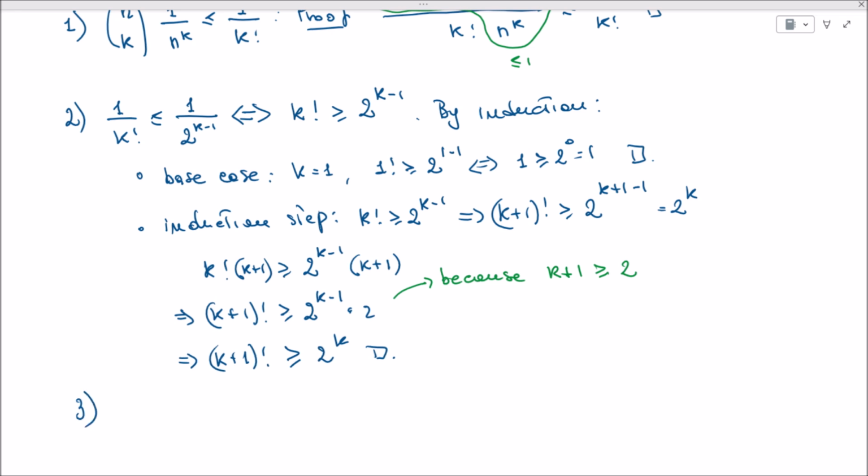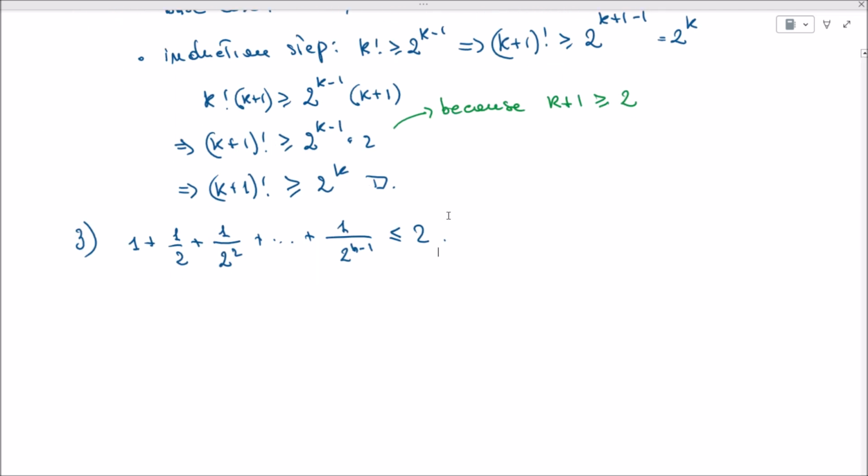Third property that we have used is the fact that 1 plus 1/2 plus 1 over 2 to the square plus ... plus 1 over 2 to the n minus 1 is less than or equal to 2. Okay, we want to prove this. And in order to prove this, let's say that this number, which is just the sum of 1 plus 1/2 plus 1 over 2 to the square plus ... plus 1 over 2 to the n minus 1, we call this number s.